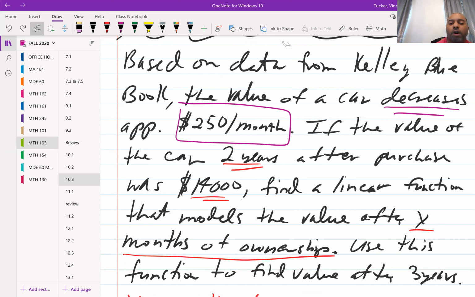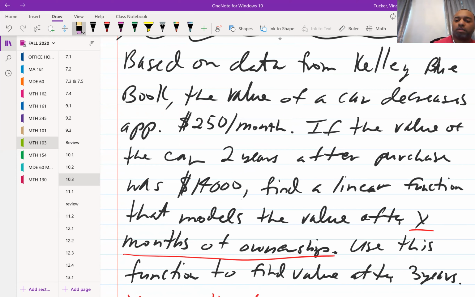If the value of the car 2 years after purchase was $14,000, find a linear function that models the value after X months of ownership. Use this function to find the value after 3 years. So that's how it looks without my scribbling. Give you guys a chance to write before we look at it.